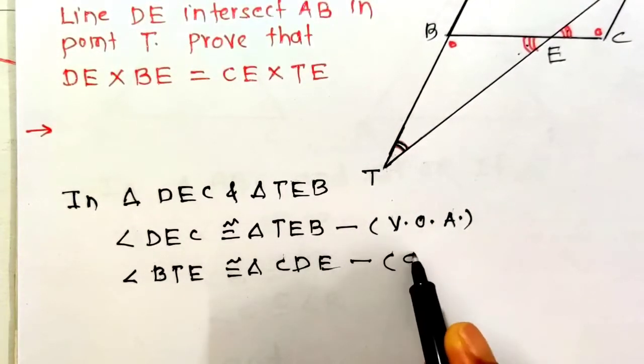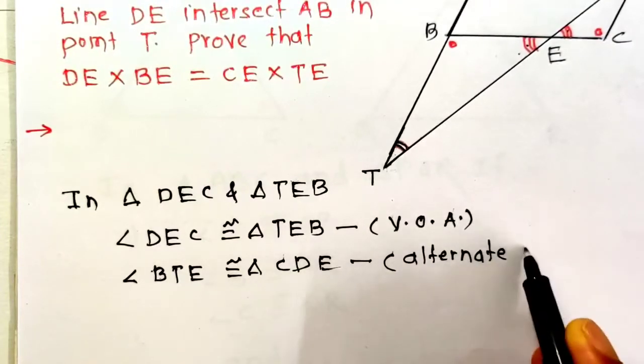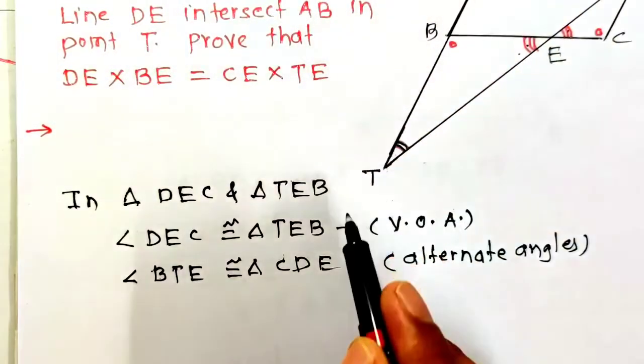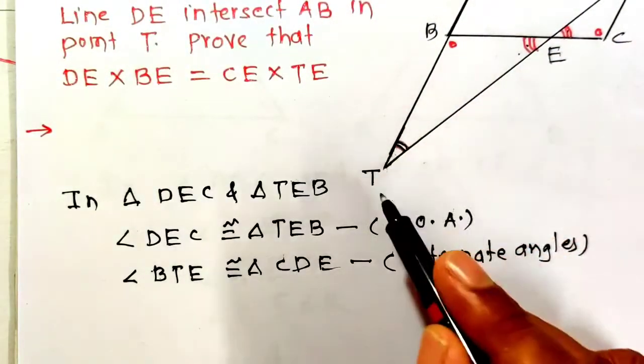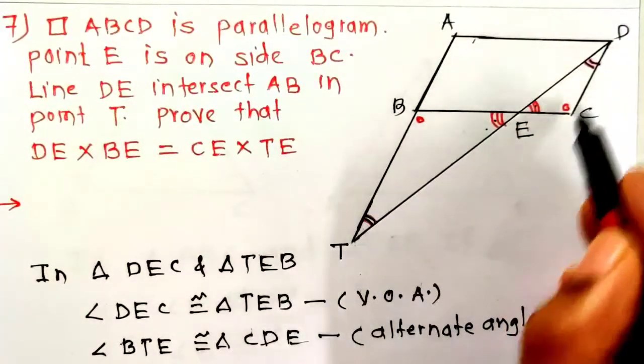These are pairs of alternate angles, because AB and DC are parallel and TD is their transversal. So these alternate angles form a Z.